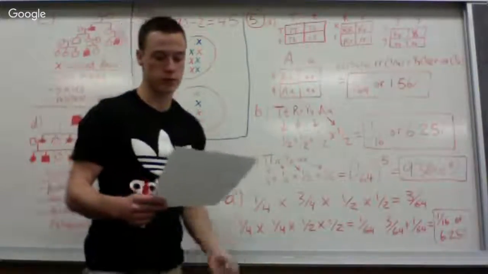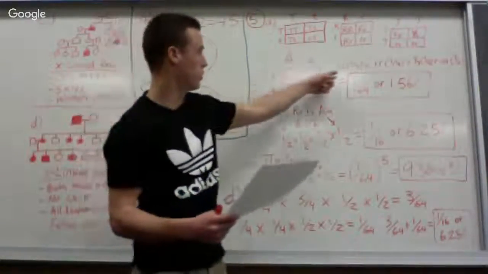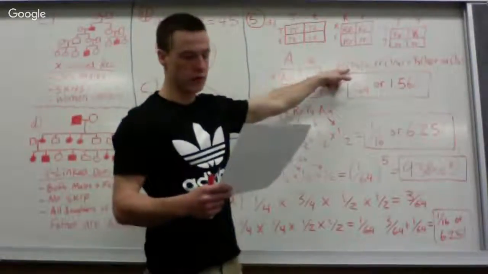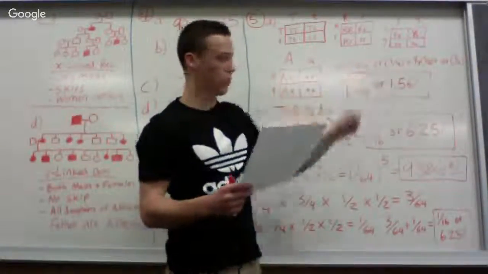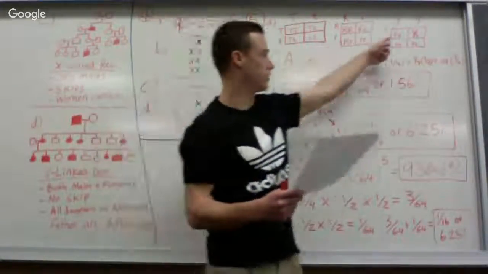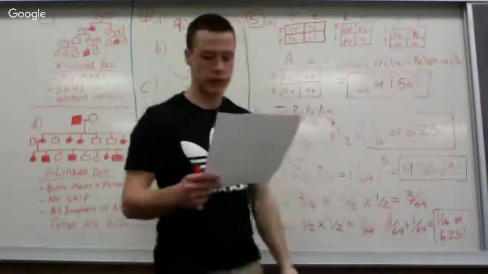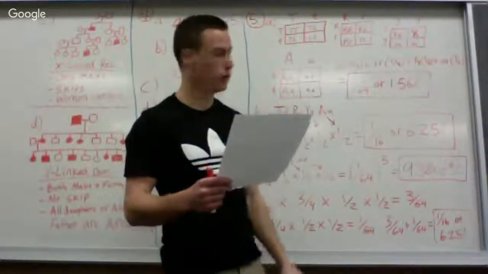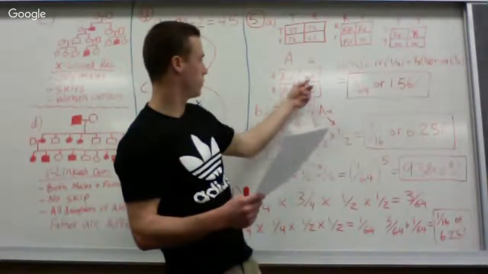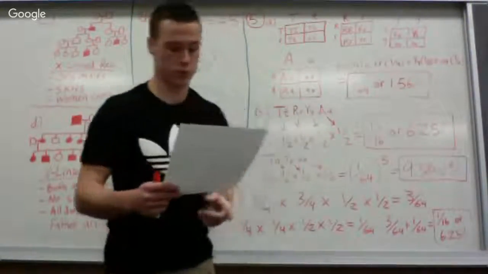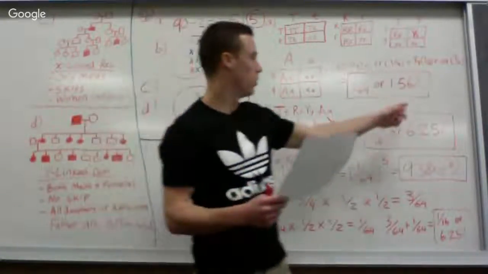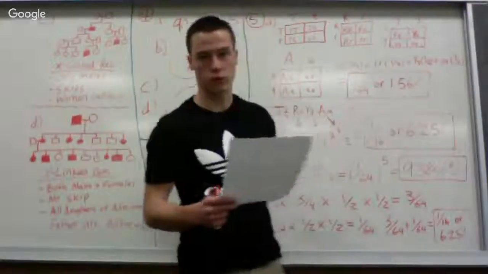First it asks, what is the probability that a dwarf, which is homozygous recessive, so 1/4, a wrinkled, also homozygous recessive, 1/4, a yellow, which in this case can only be heterozygous, so it's 1/2 probability, and a terminal, which is also 1/2 probability, in the A's right here, the homozygous recessive, will be produced. If you multiply all those probabilities from each Punnett square together, you end up with 1/64 or 1.56% of that happening.